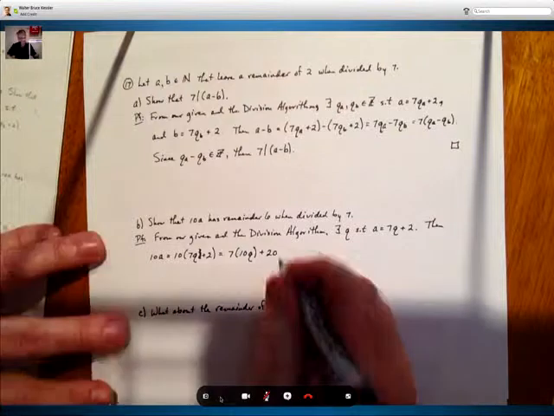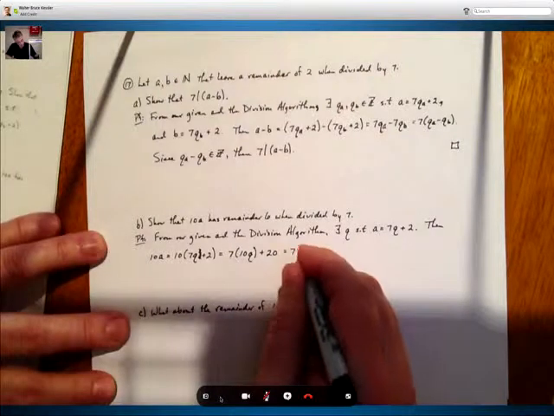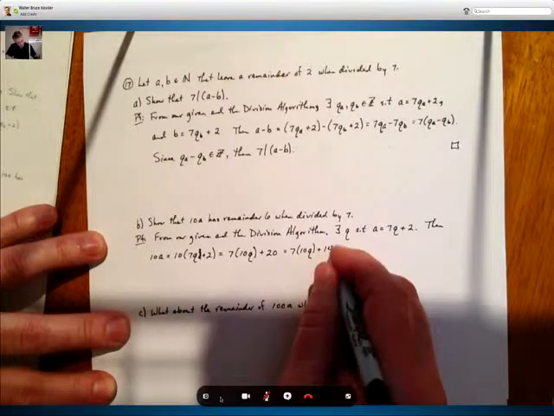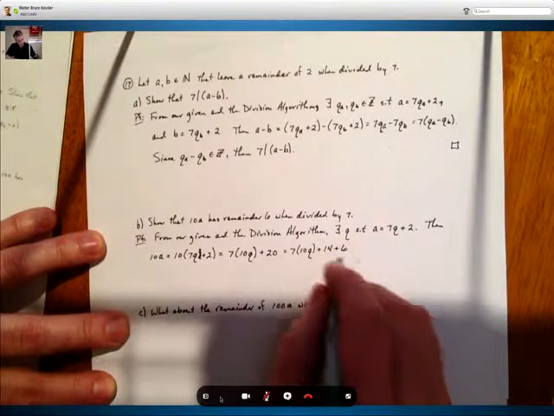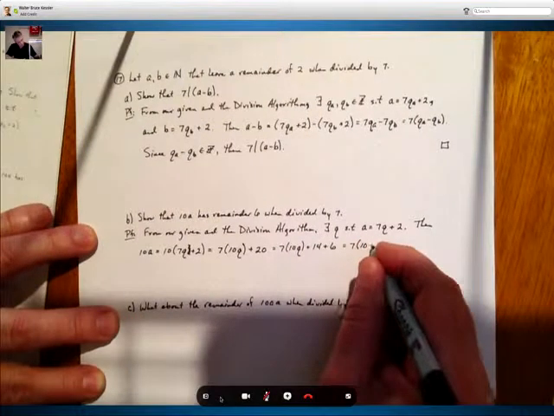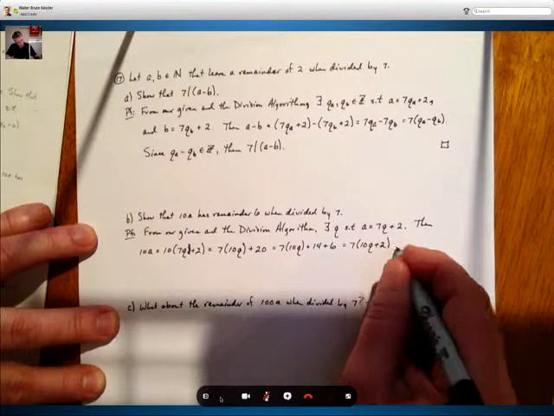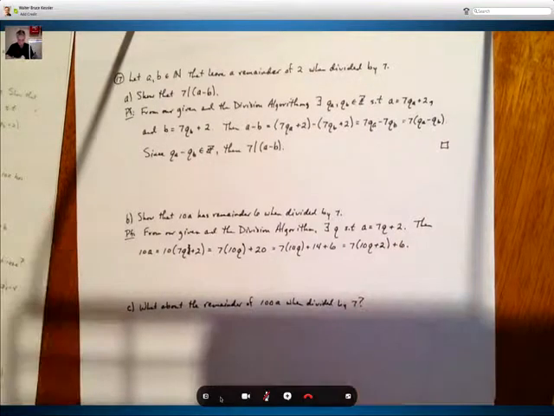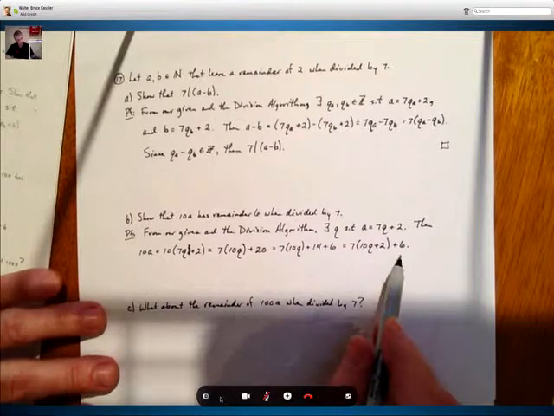And I do have 20 over here, but I can pull out a 14, and that'll take care of it, right? This is 7 times 10q plus 14 plus 6. Very important, that's 6. So this is 7 times 10q plus 2, plus 6.